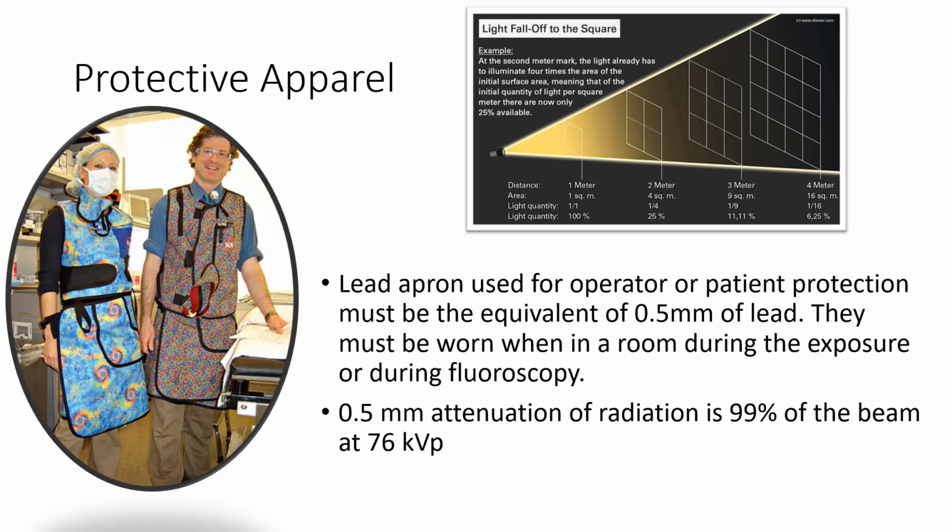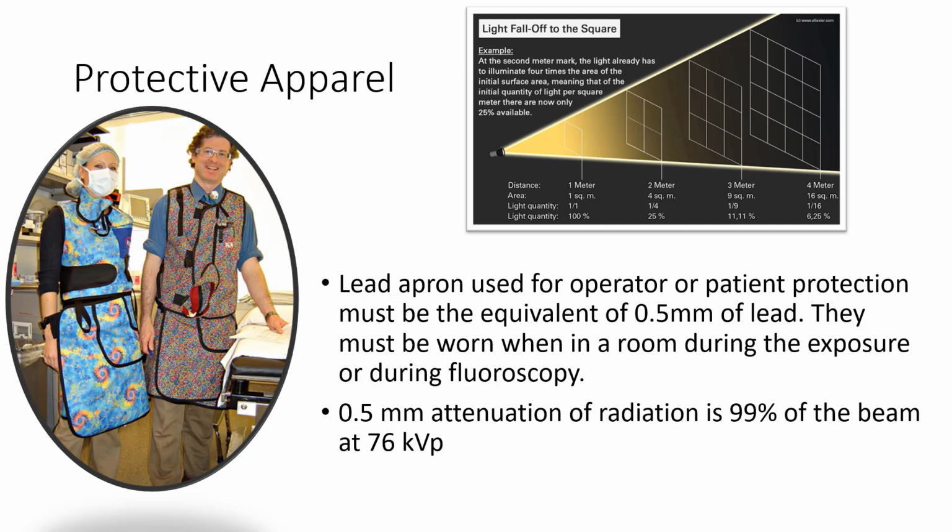For now, we will simply state that during fluoroscopy or portable imaging, the operator of the equipment should wear a lead apron of 0.5 millimeters lead equivalency, because remember, we have lead aprons, we have non-lead aprons, and we have compound aprons.